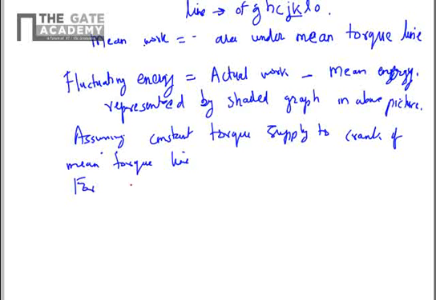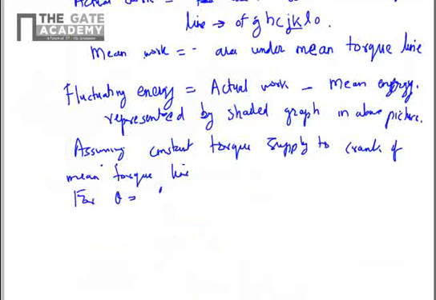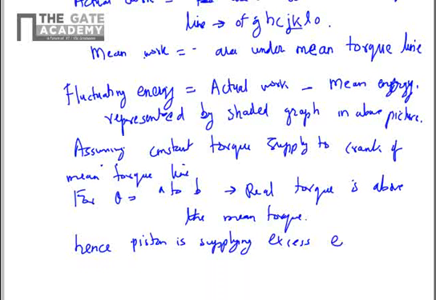So for theta from A to B, the real torque is above the mean torque. Hence the piston is supplying excess energy to the crank.